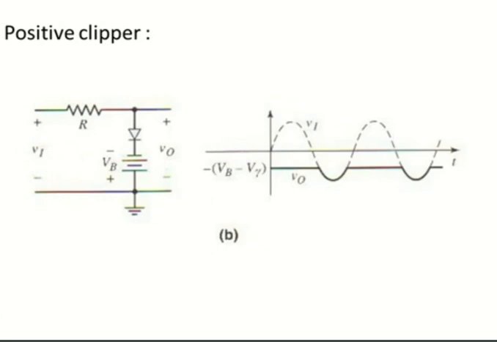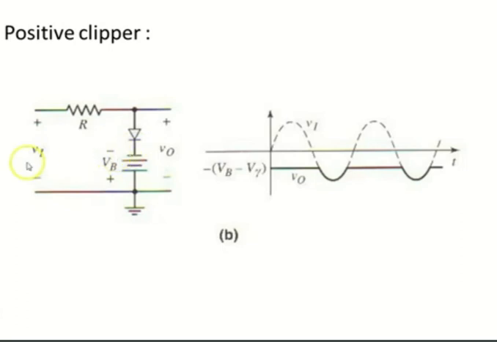During the positive half cycle of the input signal, the anode of the diode remains positive and the cathode remains negative, so the diode conducts and the circuit completes through this loop. The resistance of this path is very low, so we get no output. During the negative half cycle, as long as the negative input is less than the applied biasing voltage, the diode remains forward biased.